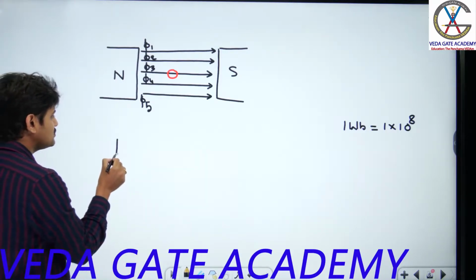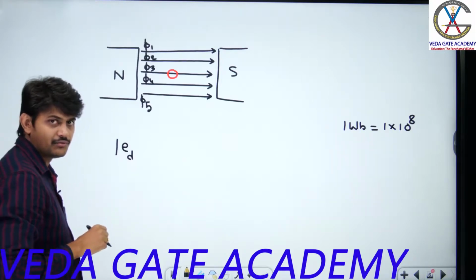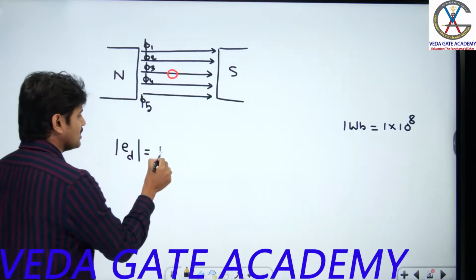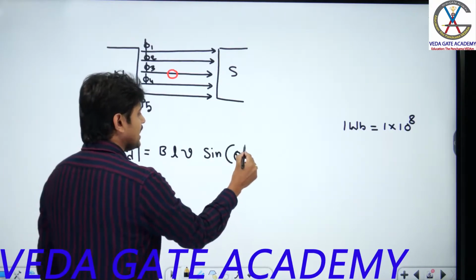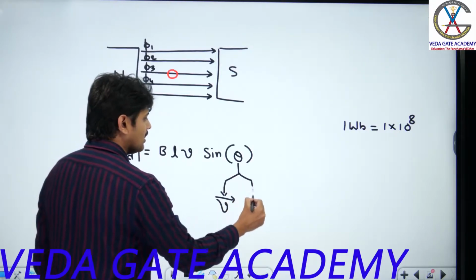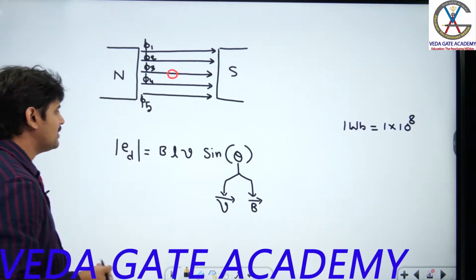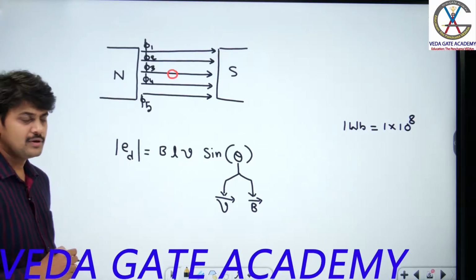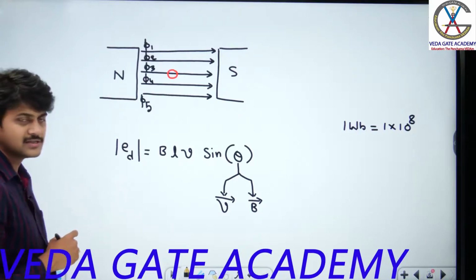Such kind of EMF I call dynamically induced EMF, and its magnitude will be equal to BLV sin theta, where theta is the angle between the direction of movement of the conductor and the magnetic flux lines. If theta equals 90 degrees, we know that the maximum dynamically induced EMF will be produced, whose magnitude is equal to BLV.